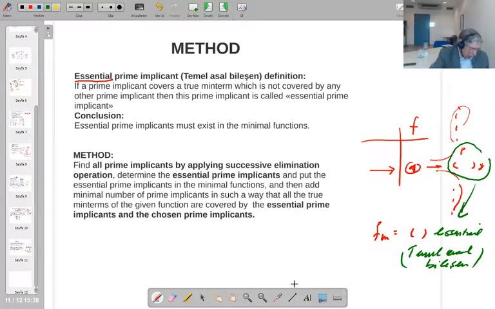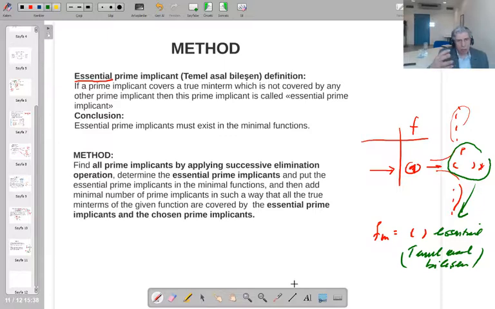When a truth table of a function is given to us, that means input-output relations are given, then we are going to find the prime implicants for this function. The second step, we are going to find the essential prime implicants. And third step, we are going to find the minimal number of prime implicants to be added to the essential prime implicants in order to get the minimal function.